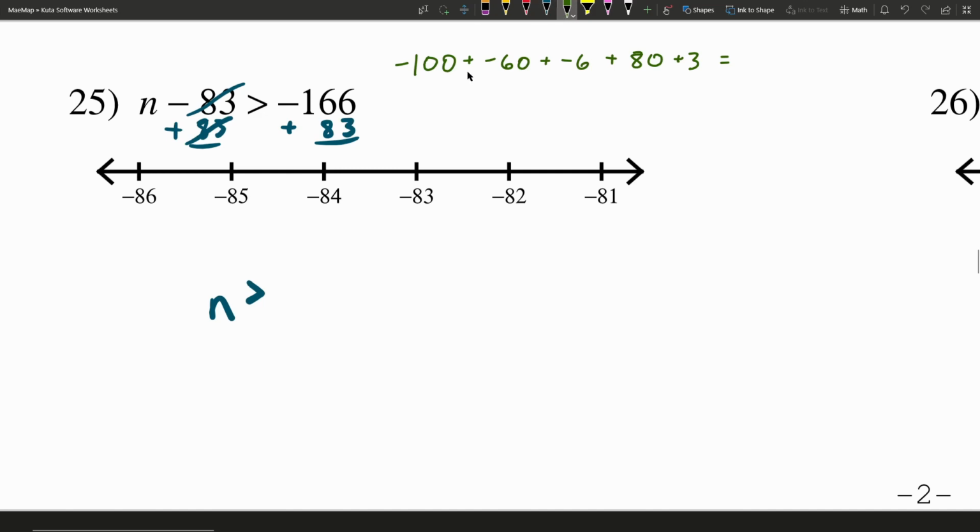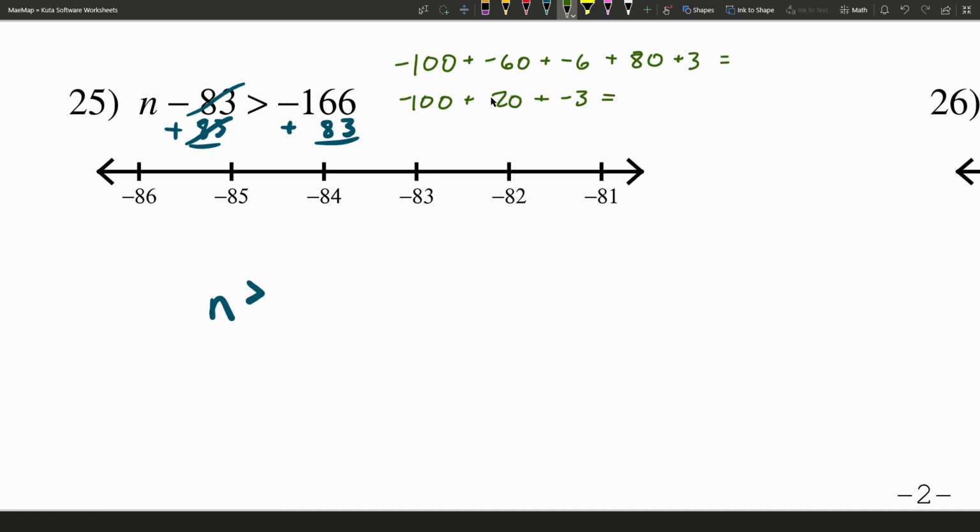So negative 100, there's not another 100 to combine it with, so I'll leave it as negative 100. Now, negative 60 plus 80, think about taking 80 and subtracting 60. That's going to leave me with a positive 20. And this negative 6 plus 3 is going to leave me with a negative 3.